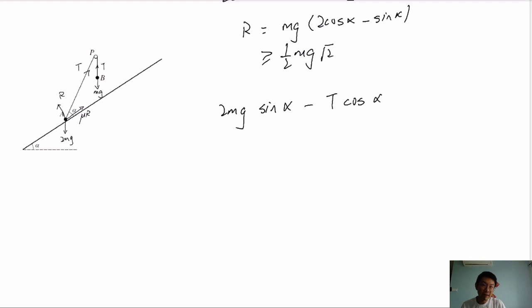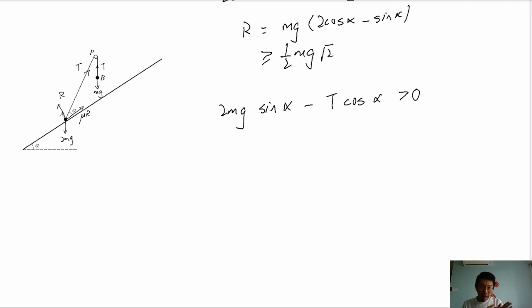So what is the net effect of this? 2 mg sine alpha is going down, and T cos alpha is going up. When we use 2 mg sine alpha minus T cos alpha, it must be greater than 0. Greater than 0 means 2 mg sine alpha is greater than T cos alpha, so there is a net force going down without considering the friction.